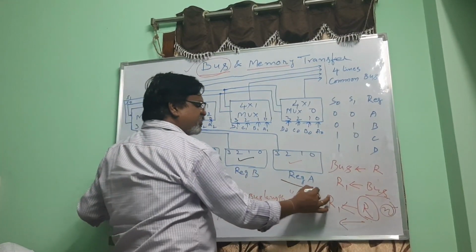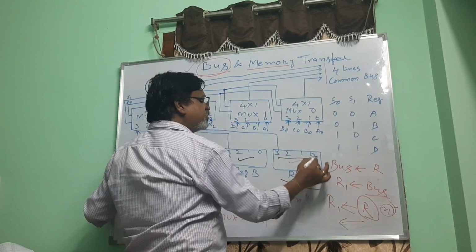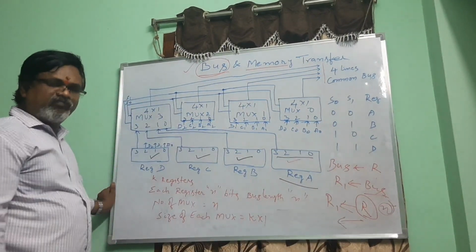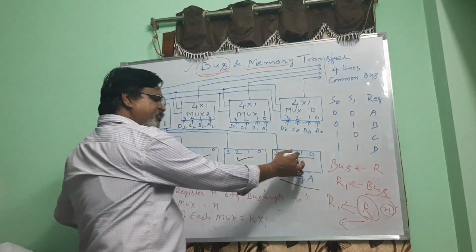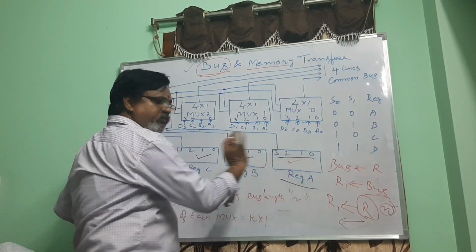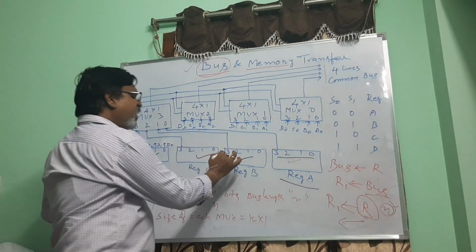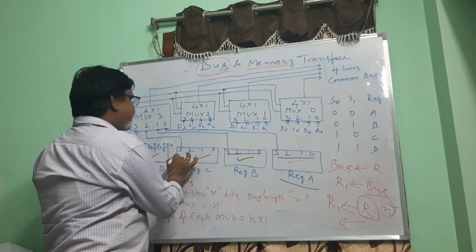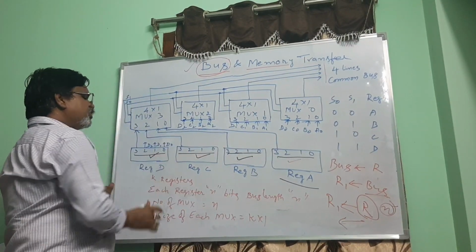The length of each register is 4 bits: bit 0, bit 1, bit 2, bit 3. That is register A. Same for register B, register C and register D.